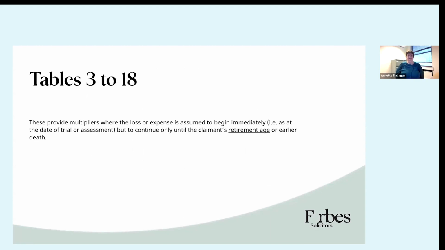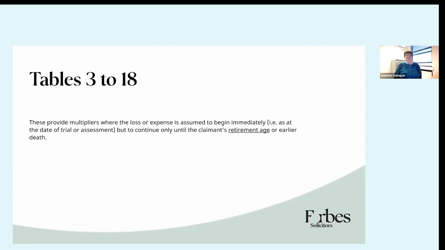Tables 3 to 18. This is where the loss begins immediately, such as at date of trial or assessment, and continues until retirement age. So the tables set out retirement ages from ages 50 to 80.